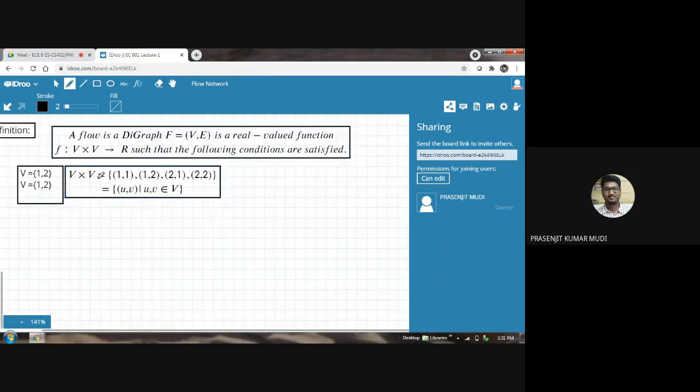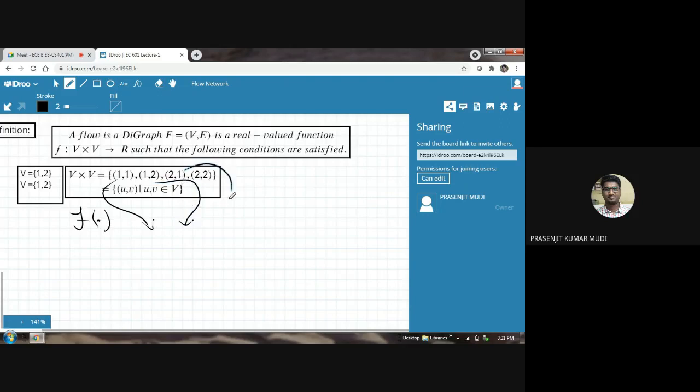So in this case, for example, you are applying some function f, okay? That f is applied on each of these edges. This dot means each of these edges. So first this edge, you are getting some value. Then this edge, another value.